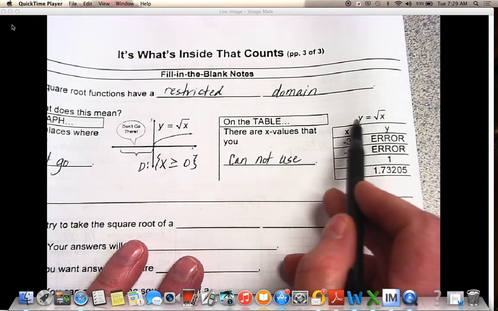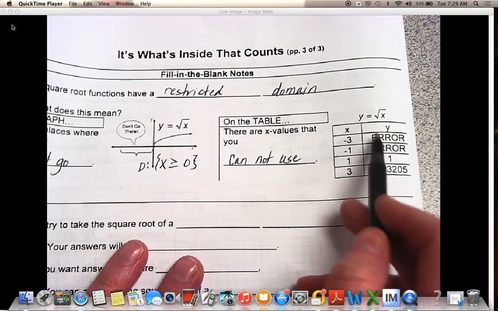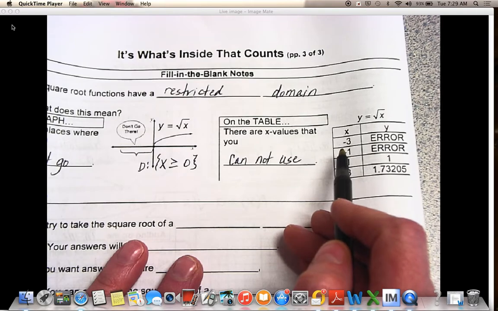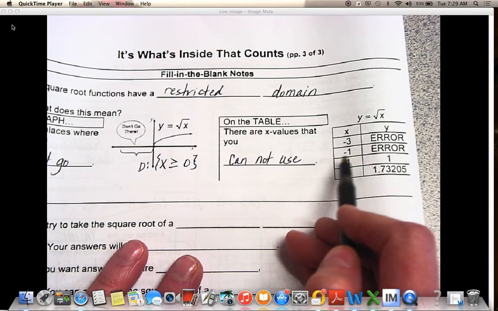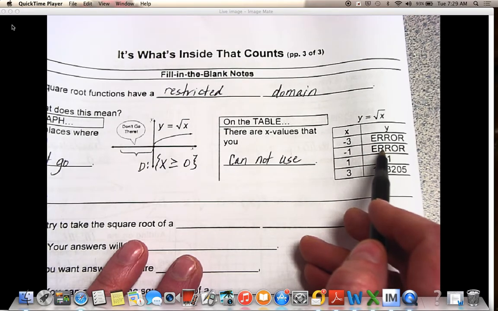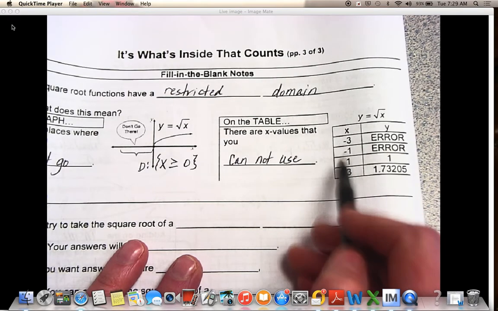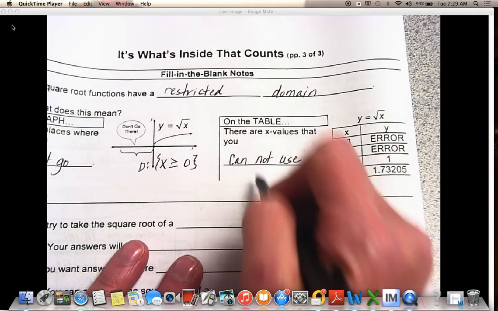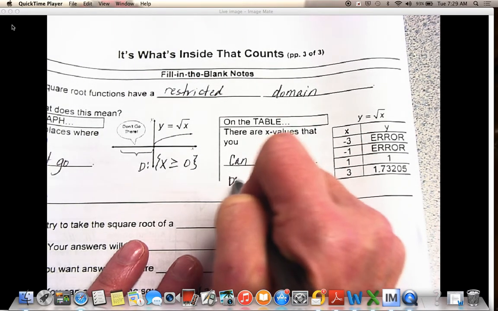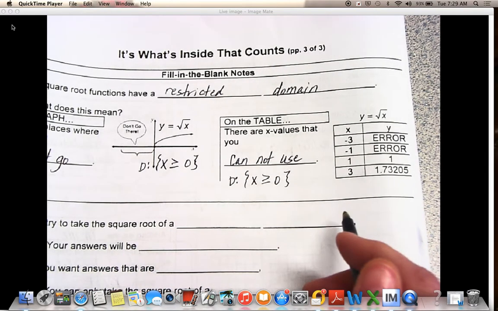If you were to put this parent function in your calculator and look at your table, you would notice errors at -3, -2, -1, but at 0, they left the 0 out of this particular table. At 0, you would have an answer over here in the y column of 0. So where the x values start working, that's what we would want to include in our domain. So for this one, again, it would be x greater than or equal to 0. But when you're looking at a table, it's where your x values begin.